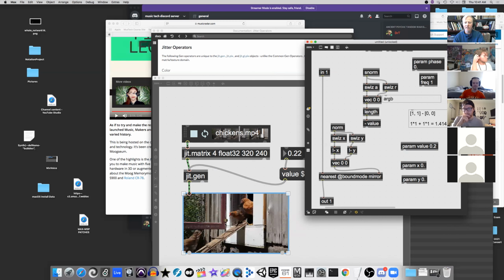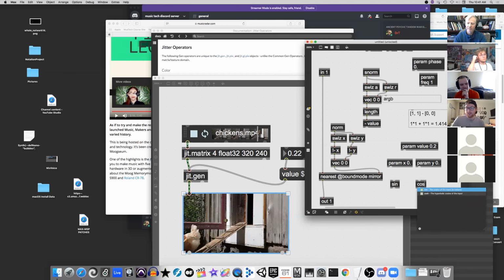How would I make this image kind of move around in a circle? Math. Okay, what kind of math specifically? The sine and cosine? A sine and cosine. Yeah. So sine, cosine. And so let's say that we're going to pass in parameters between 0 and 1, and we'll just multiply them by 2 pi.